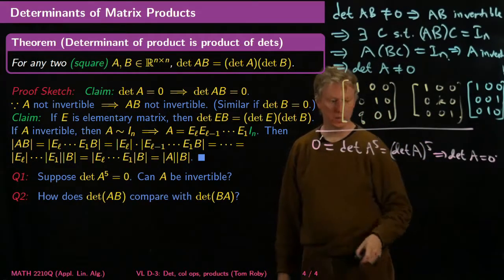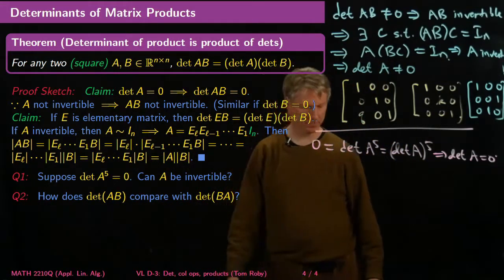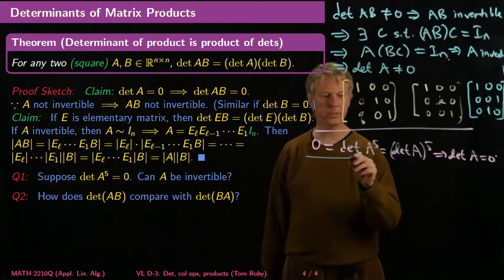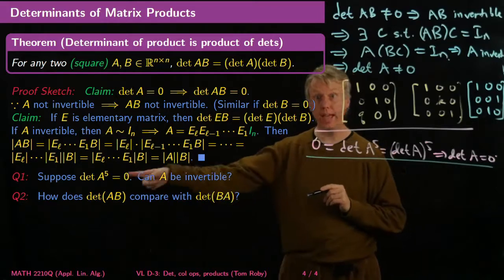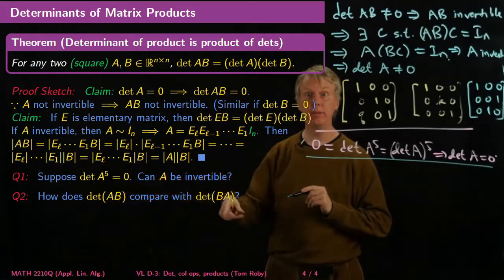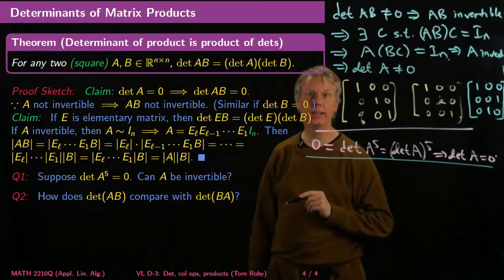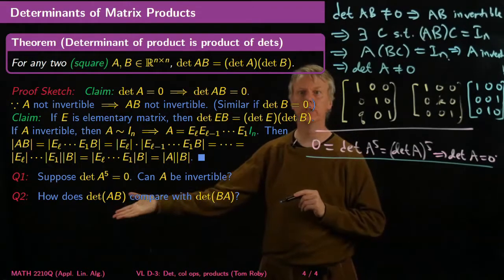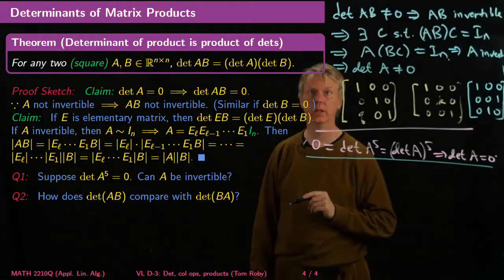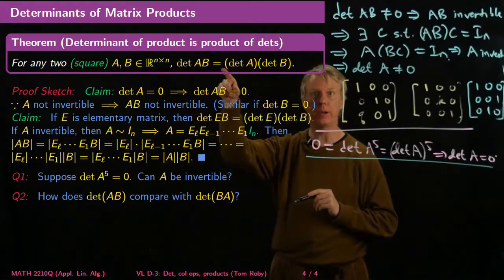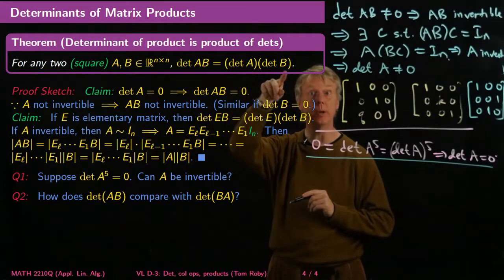Question 2. How would you compare the determinant of AB with the determinant of BA? So think about it for a second. Remember that AB and BA are in general quite different matrices. There's no reason that they have to look anything alike. So why should the determinants have anything to do with each other? Well, the answer is this property. Basically, this property says that they're both equal to the product of these two numbers.